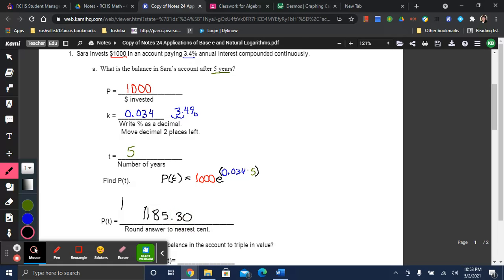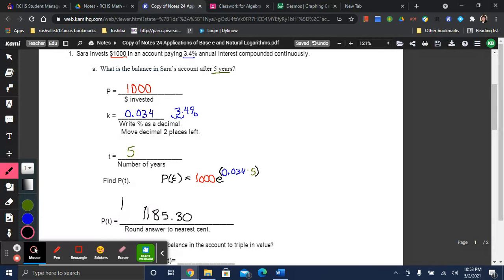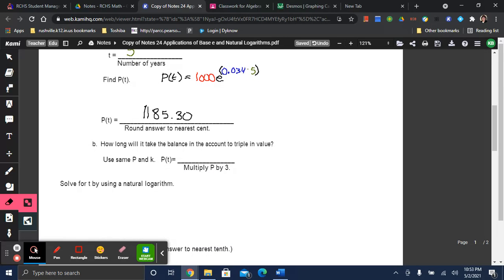I'm going to go back to Desmos and verify that. 1185.30, yes. All right, so that would be the amount of money that is now in the account after 5 years.